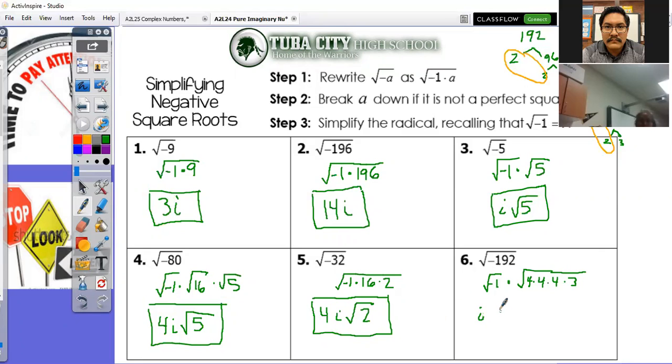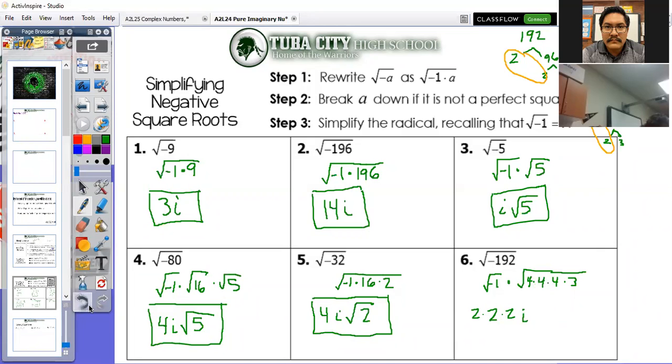So we got i, well, okay, the square root of 4 is 2. This here is going to be 2 again, and the square root of this 4 is going to be 2. And this is going to be i, because I'm taking the square root of -1, and root 3. I cannot do anything about this 3, so it's just going to stay in there.